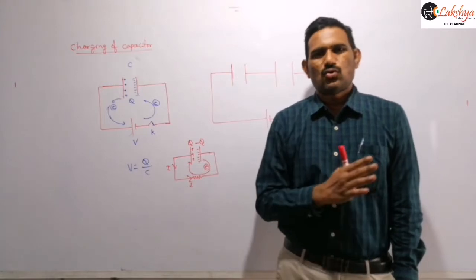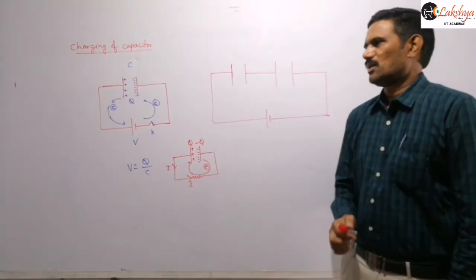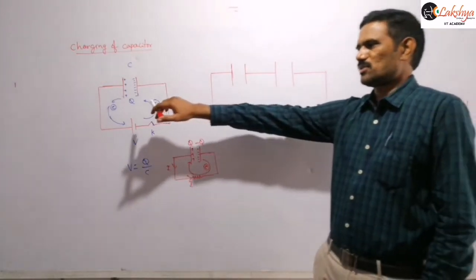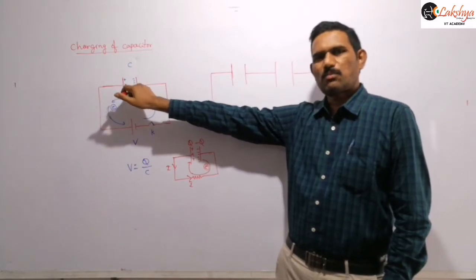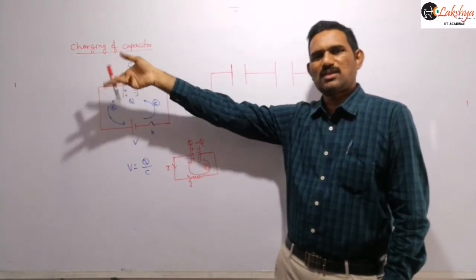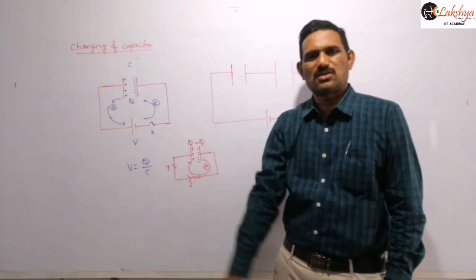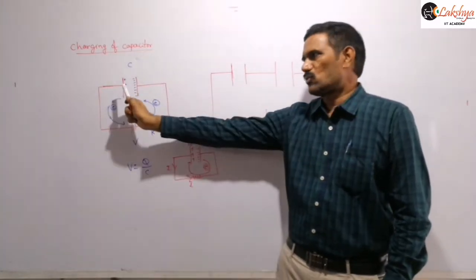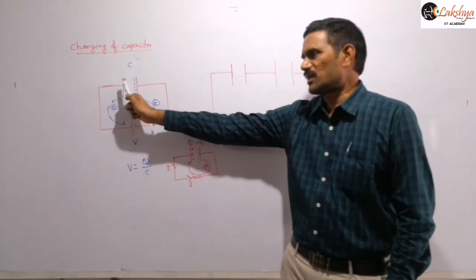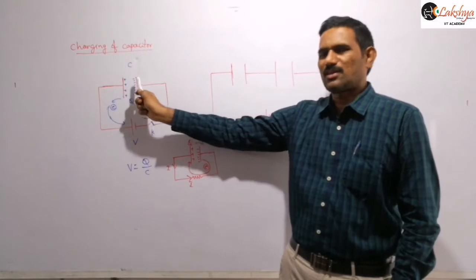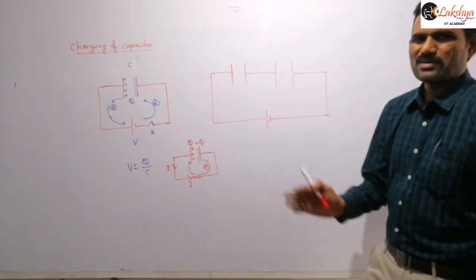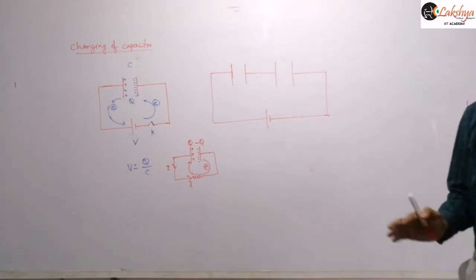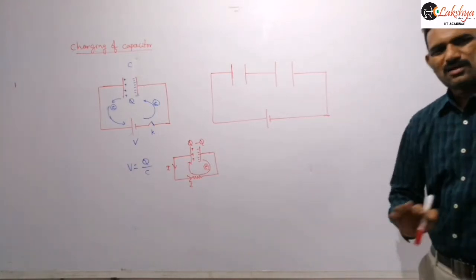In steady state, no current flows to the capacitor, because actually there is a gap here, or practically we fill some dielectric there. Dielectric means an insulator, so the charges cannot directly travel from one plate to another plate. They are able to travel only through this circuit. So it behaves like an open circuit when charging of the capacitor is completed, right?